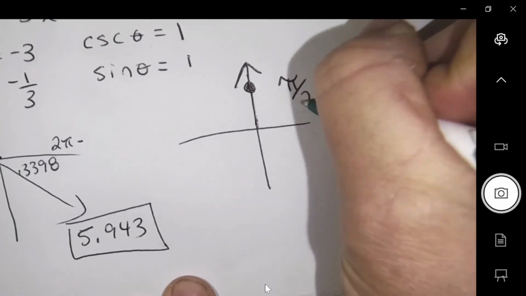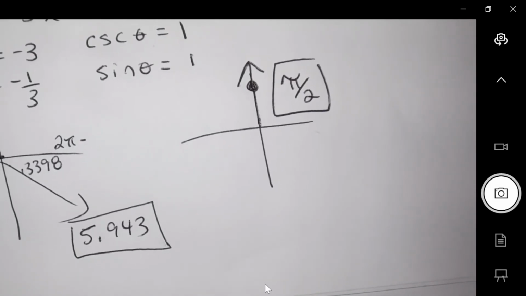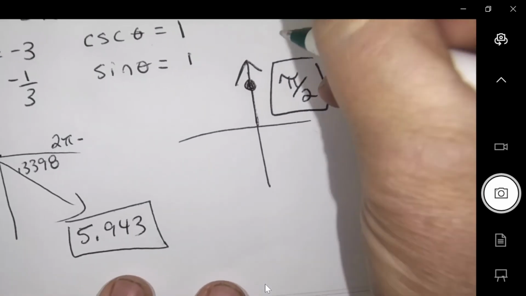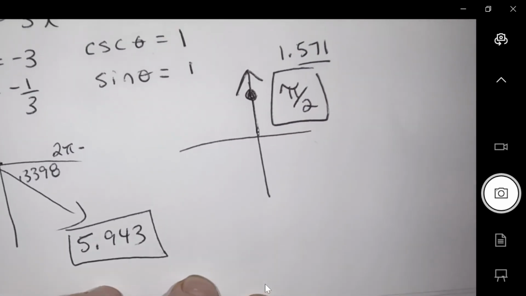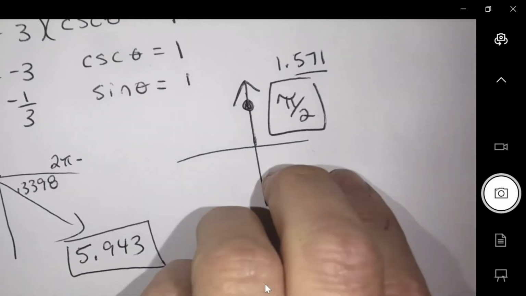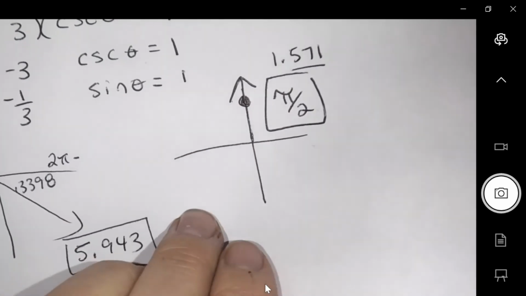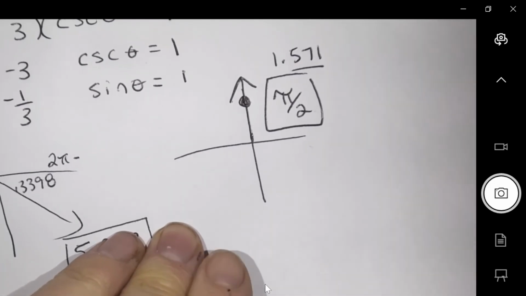So I'm going to answer as pi over 2. And if somebody answered me in decimal, I would accept that as a full point answer. I just wouldn't be as impressed, but I would accept it. But when I see answers like this, then I know that you're thinking about your unit circle.